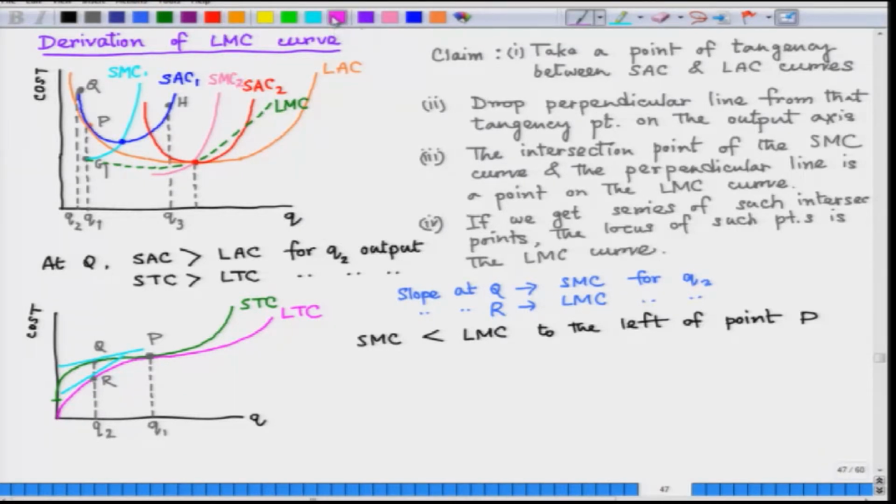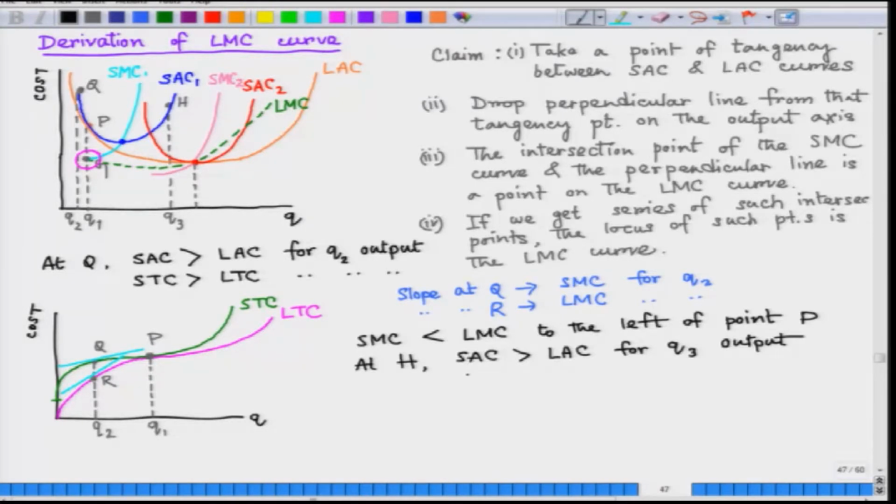So, I would like to draw your attention to this intersection point G, right. Now, let us talk about the point H, which is also not a tangency point. So, at H what happens? Again we see the short run average cost is higher than the long run average cost for Q3 output level, right.